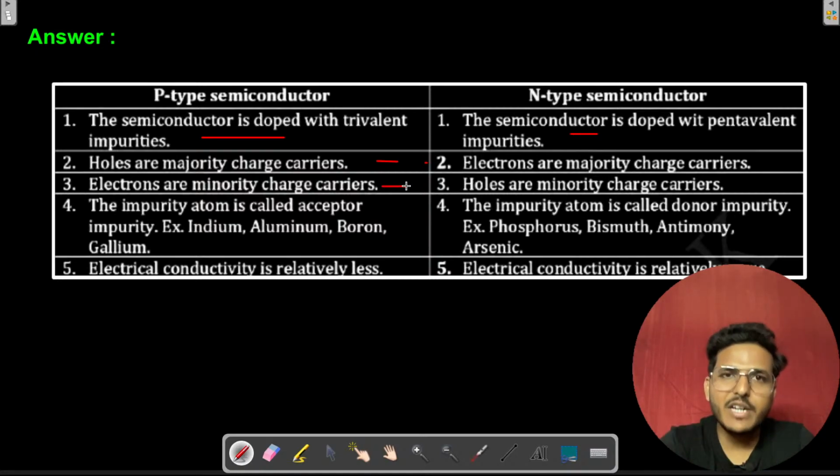Electrons are minority charge carriers in p-type, whereas holes are minority charge carriers in n-type. The impurity atoms are called acceptors, that is indium, aluminium, boron, gallium in p-type, whereas phosphorus, bismuth, antimony are impurities for making n-type semiconductor. Electrical conductivity is relatively less in one and relatively more in the other.